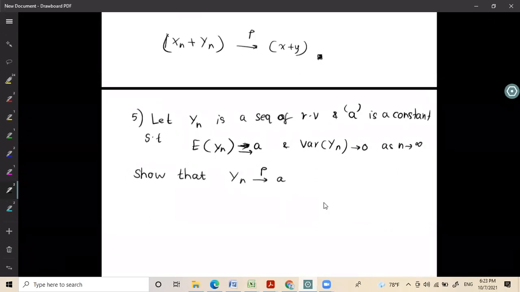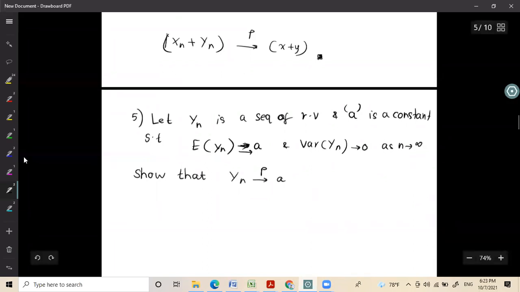And as I mentioned, as soon as you see expectation and variance, what is the inequality that you are going to use in this proof? You have to use Chebyshev's inequality, right? Okay, so let's use it.